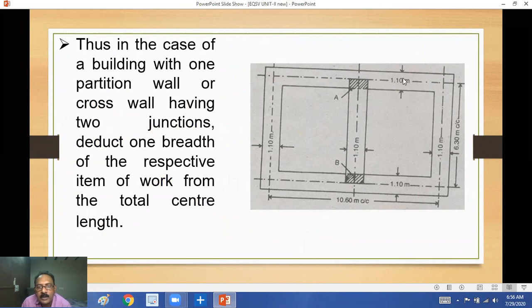In this case, 2 rooms. First of all, we take the center line from here to here, here to here, and here to here. We add them together and get the total length of center line. But what will happen in the middle?